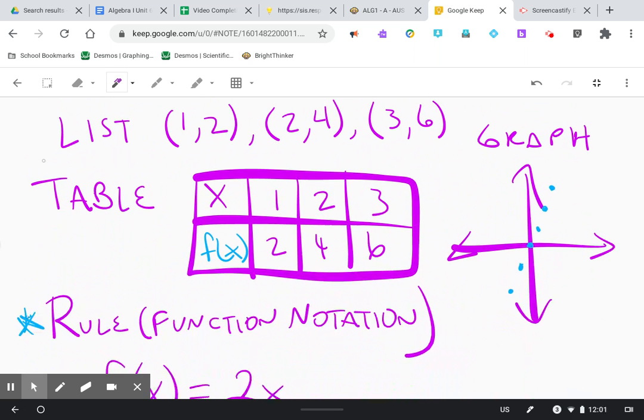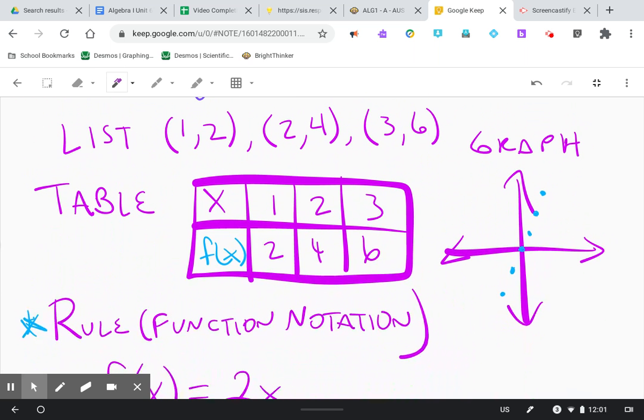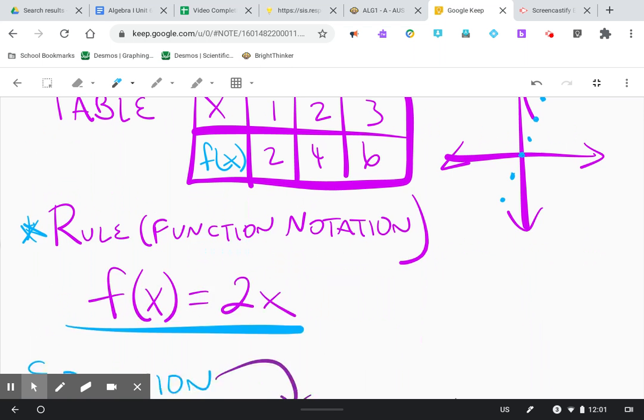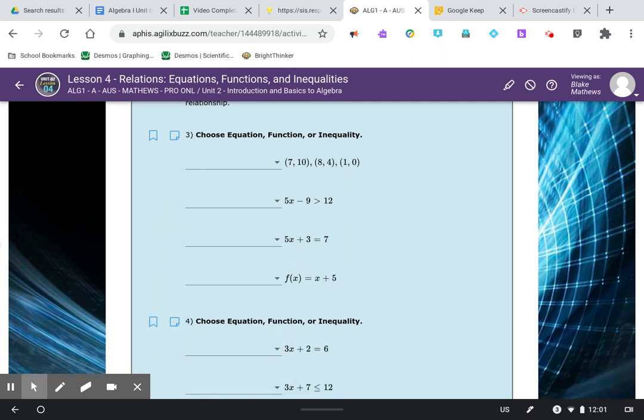So if they ask you about functions, you should be looking for lists and you should be looking for rules that have the notation f of x. So looking at number 3, you should be able to see which ones go with that. And then all you have to do for equations and inequalities is find the ones where there's an equal sign with x and then ones where there's an inequality with x.